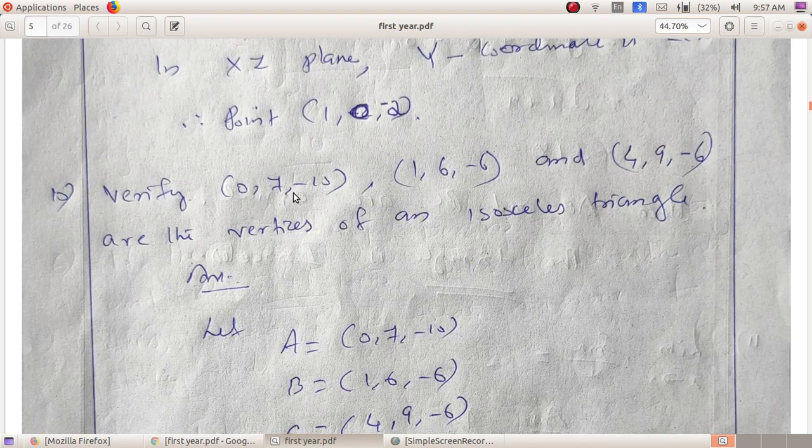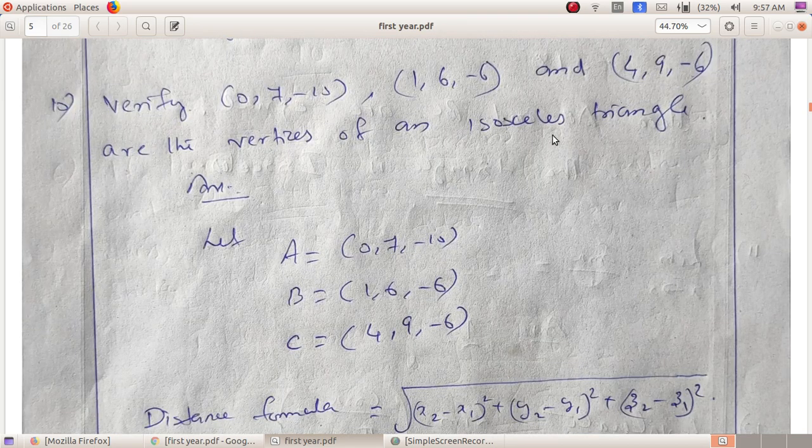Verify that (0, 7, minus 10), (1, 6, minus 6) and (4, 9, minus 6) are the vertices of an isosceles triangle. First of all, we take them as A, B, C. What is an isosceles triangle? In a triangle, if two sides are equal, that is an isosceles triangle.